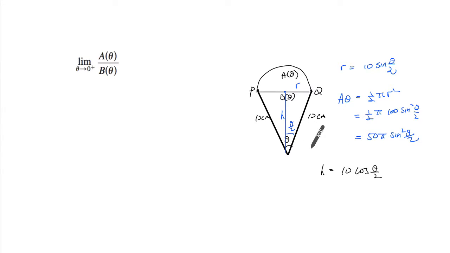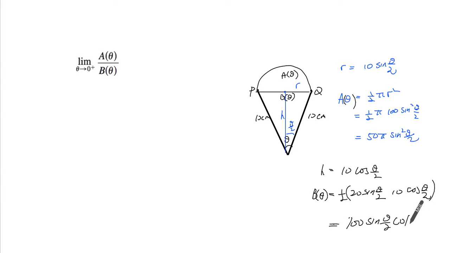So the area of the triangle, B(theta), is going to be this 2r, so 2 times this, which is 20 sine of theta over 2, times this height, and times half, because this is a triangle. So we get 10 times 10, which is 100 sine of theta over 2 cosine theta over 2.